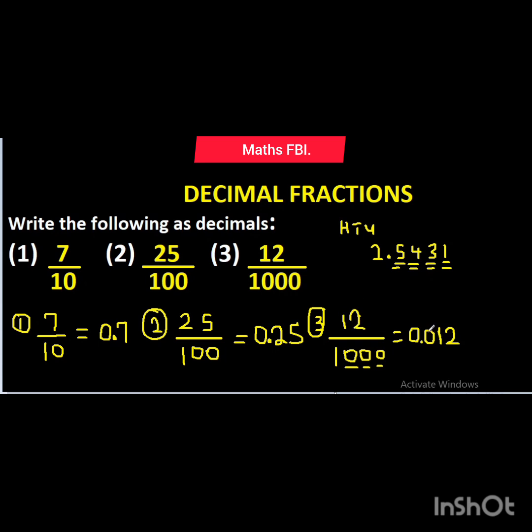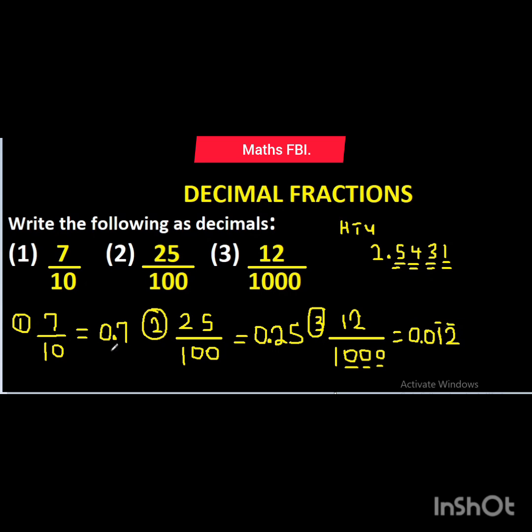So we make up the tenths, the first digit, with 0. This is 0 tenths, this is 1 hundredth, and this is 2 thousandths. So this is 12 thousandths. And that is how to write decimal fractions as decimals.